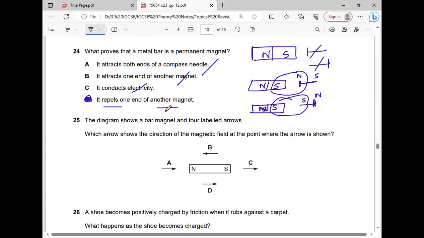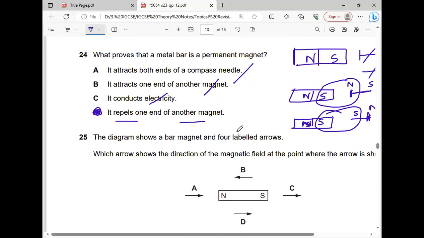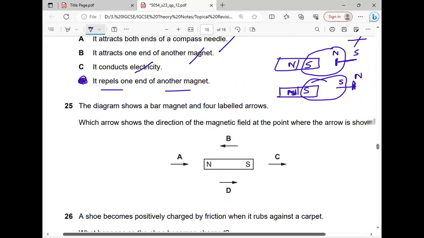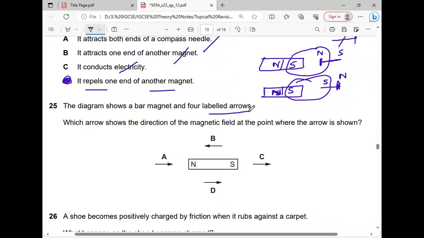The diagram shows a bar magnet and four labeled arrows. Which arrow shows the direction of the magnetic field at the point where the arrow is shown? Okay, we can draw the pattern of the magnetic field, and we know that lines of force always originate from the North Pole and terminate at the South Pole.